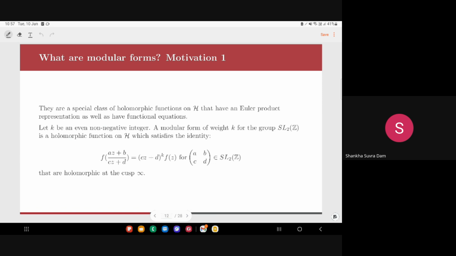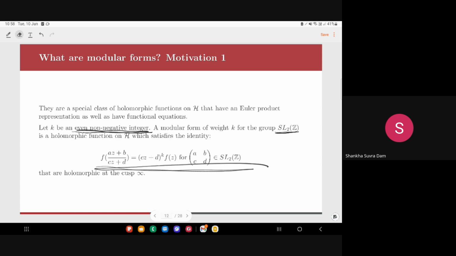Okay, so as far as this talk goes, there are two ways to motivate what modular forms are. The first definition is just this formula, where k is an even non-negative integer. A modular form of weight k for the group SL2Z is a holomorphic function on H satisfying this identity.